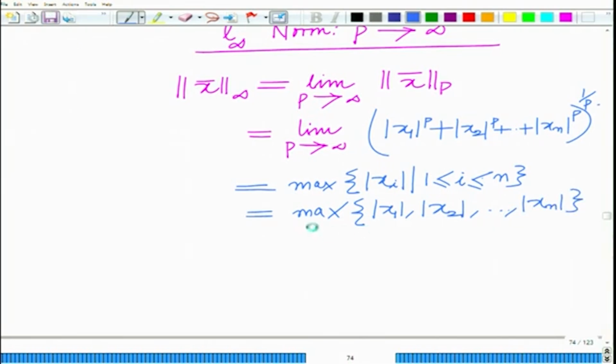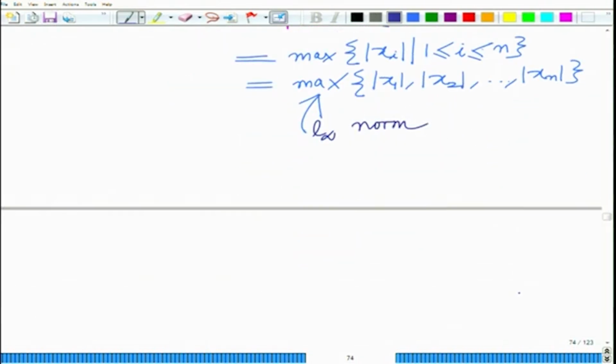So, this is the L infinity norm, something very interesting. Now one can correspondingly derive the norm ball corresponding to the L infinity norm.